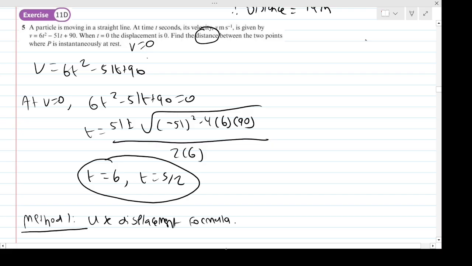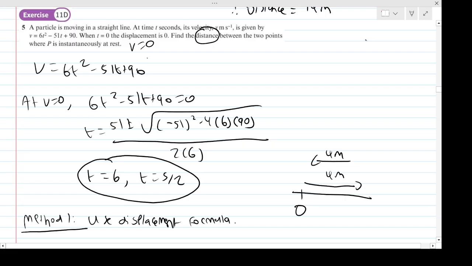For example, if we start here at 0, then let's say we walk 4 meters forwards, then 4 meters backwards. Well, yes, the distance will be 8 meters because we physically walked 8 meters front and back, but the displacement is 0 because it's only relative to where we start.